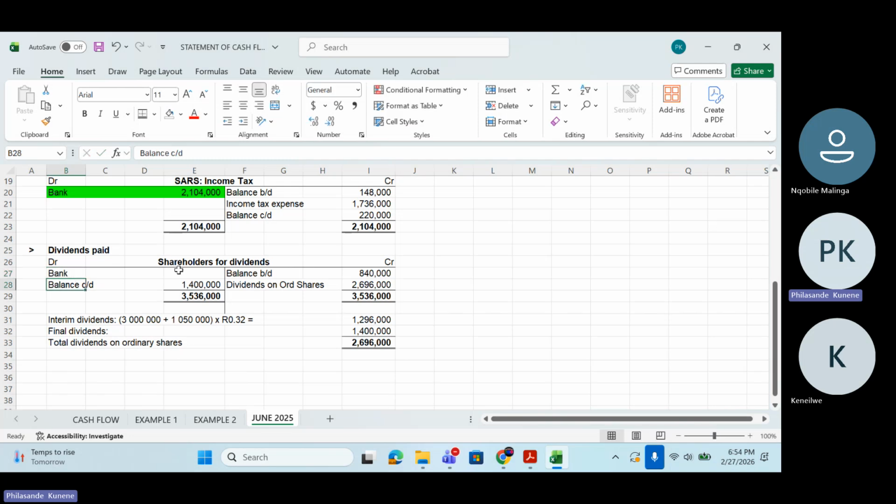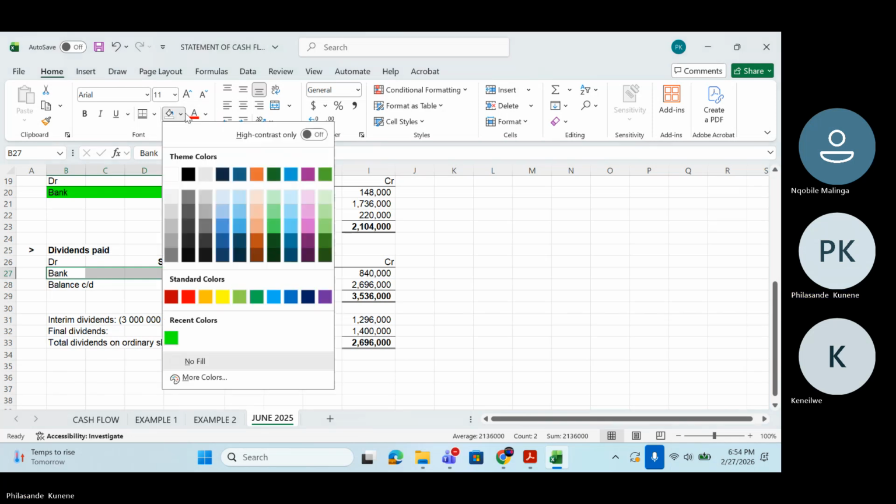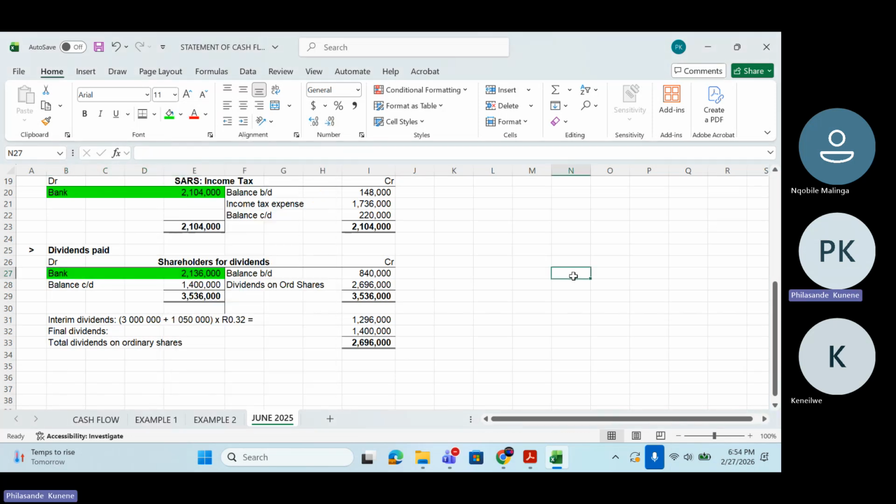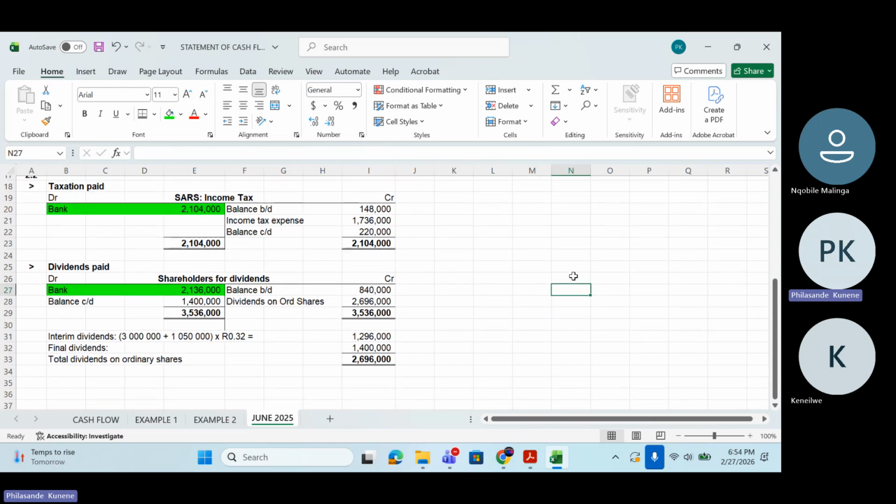Because I need to get my dividends that were paid. So I'm going to say this 3 million minus the 1.4 million. Then I'm getting 2,136,000 rands. So this is what I'm going to have in this one. And then we know that we're done.